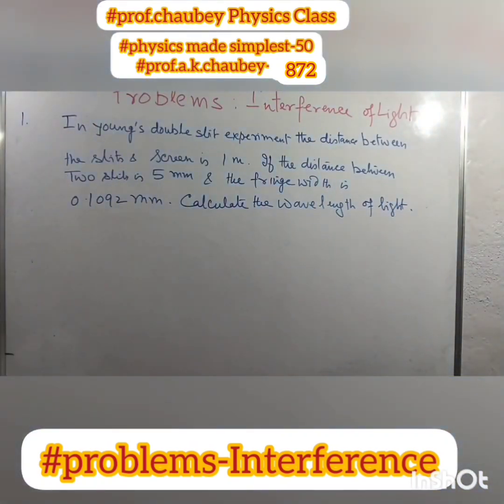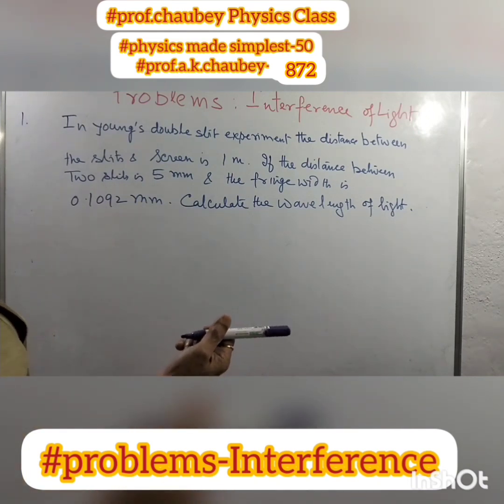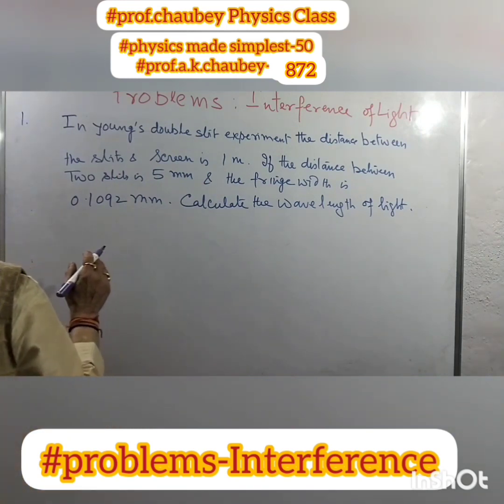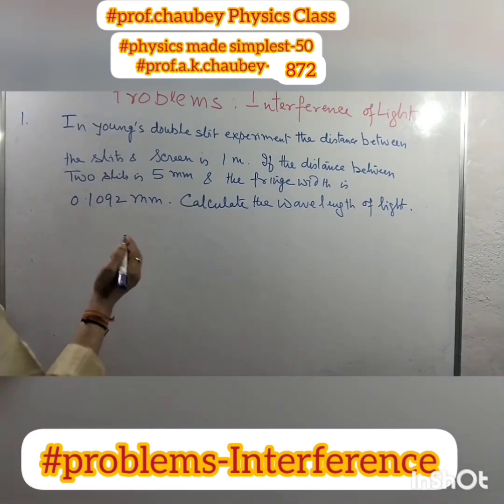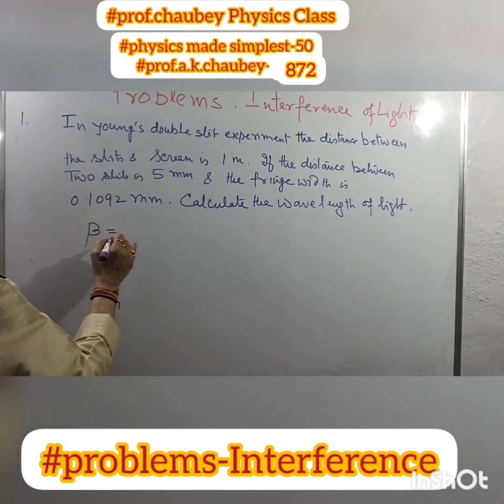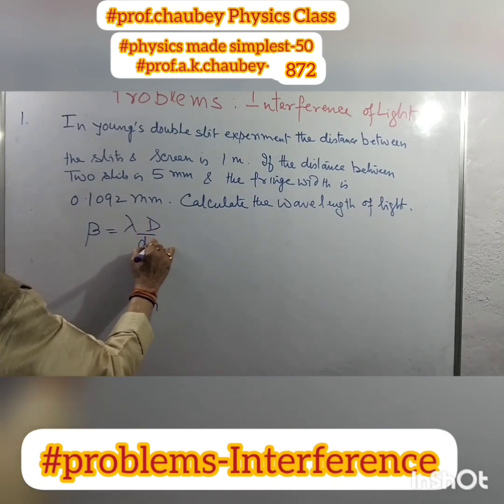So friends, this problem is simple formula based. You have the formula, you are given the distance: beta, the fringe width, is given by lambda D over d.